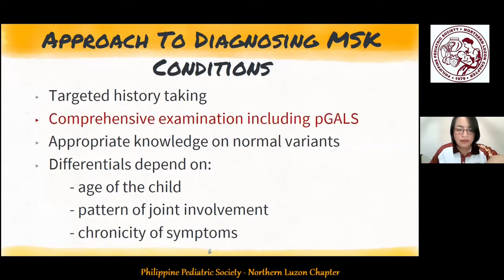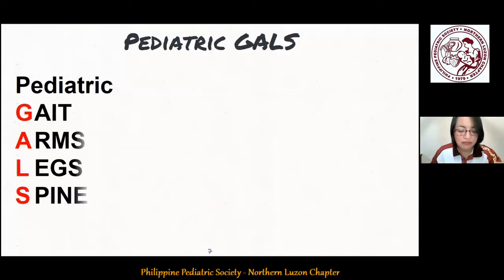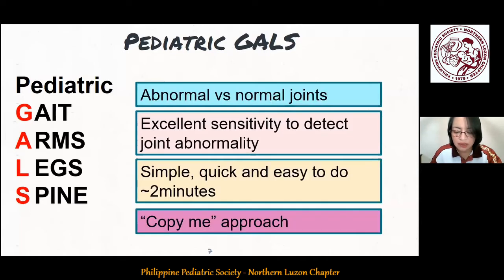Now for the comprehensive examination, this includes the PGALs as a basic musculoskeletal examination. If you recall, in med school, PGALs is short for pediatric gait, arms, legs, and spine. It's a simple assessment to distinguish the abnormal from the normal joints in children.